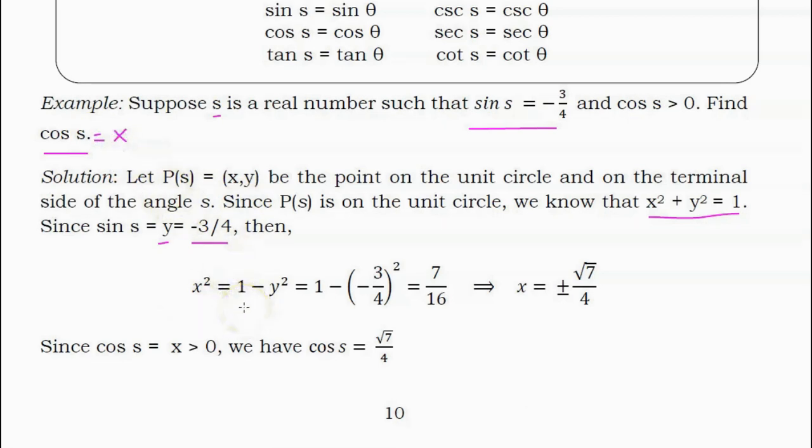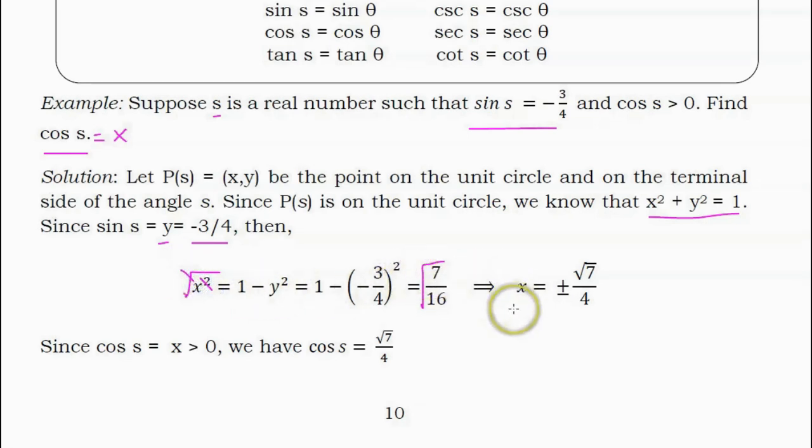So by substituting the value of negative 3/4 to y, we obtain the value of x. So 1 minus the quantity of negative 3/4 squared, this will become 9/16, and 1 minus 9/16 resulted to 7/16. Para makuha nato si x, we put square root sign. Okay, macancel nato si 2, macancel si square root sign.